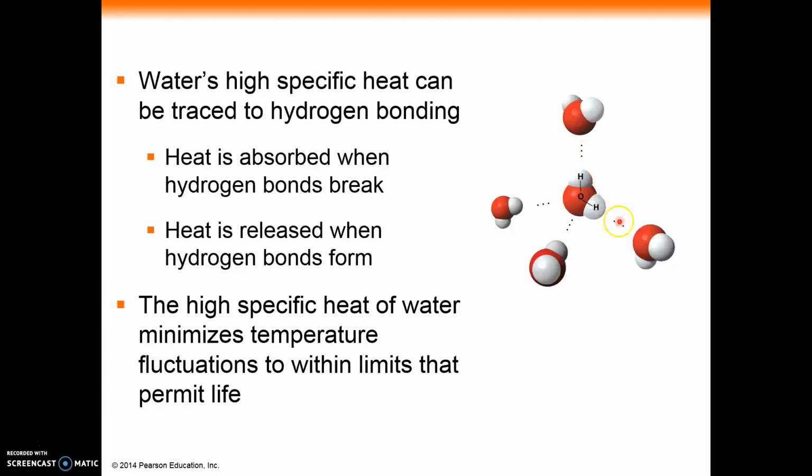So the fact that an individual molecule can break or form several hydrogen bonds means it can hold large amounts of thermal energy without actually changing the overall temperature of the entire body. So let's think about how this plays out.